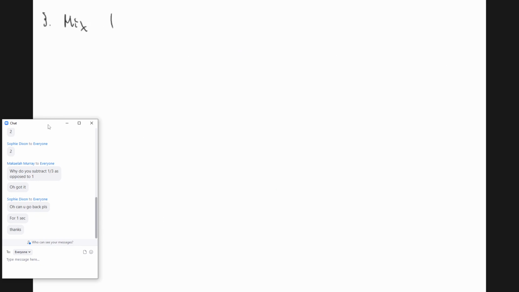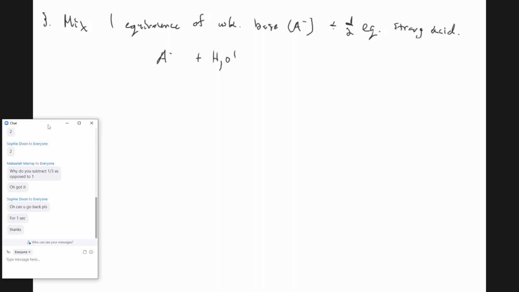The third way to make a perfect buffer is to mix 1 equivalence of weak base plus a half equivalence of strong acid. Okay. If you think about it, here's our weak base plus our strong acid.